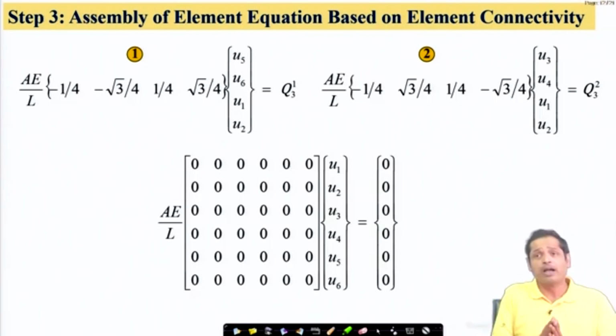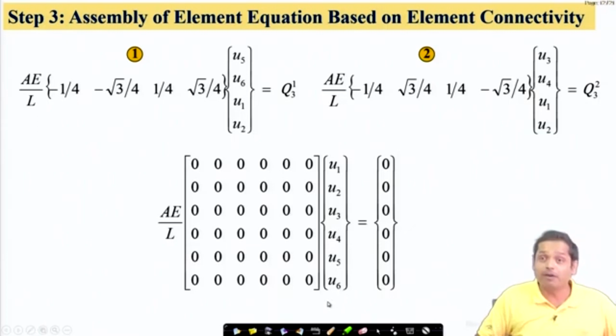So let us start with 0, and then we'll populate the stiffness matrix as we keep on satisfying the equilibrium equations, by writing the U1, U2, U3, U4, U5 global vector like this.